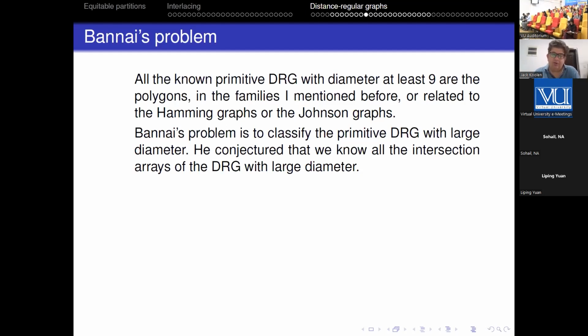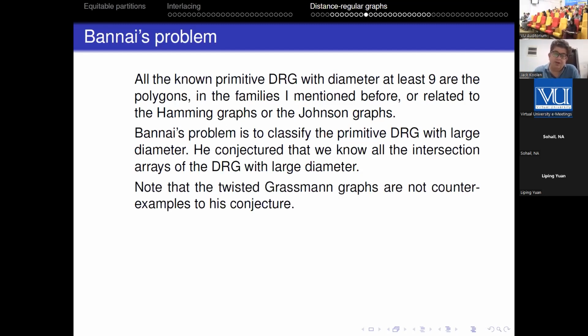And he conjectured that we know all the intersection arrays of the distance regular graphs with large diameter. But he did not claim that he knows all the distance regular graphs with large diameter. He only claims that all the intersection arrays are known. So, although the twisted Grassmann graphs were a big surprise to everybody at that moment, including ourselves, it is not a family of counterexamples to Brouwer's problem.